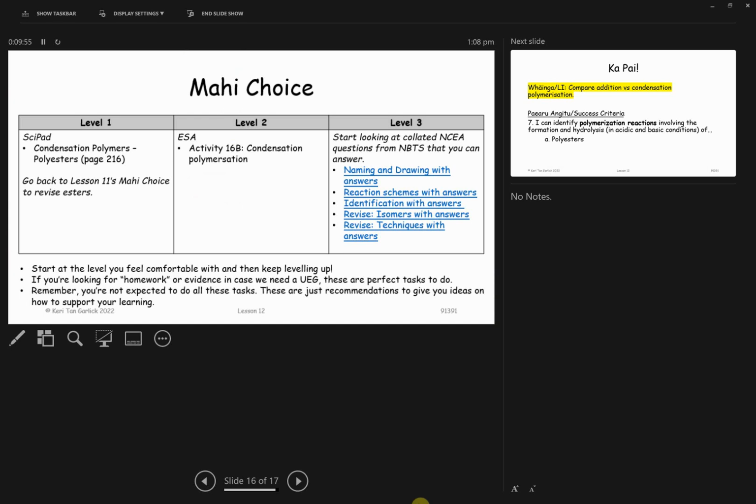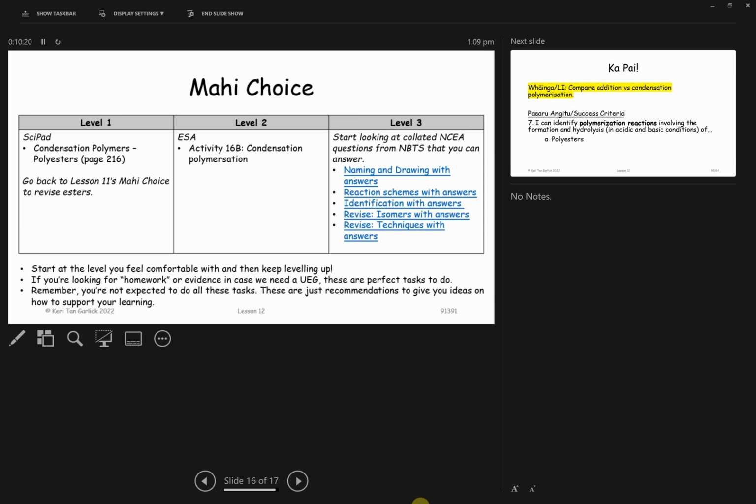I think you can get a little bit of work done, especially that SciPad page if you guys want. So with the Mahi Choice, I've differentiated the different tasks. It does get a little bit harder. If you find you are struggling with this material, I would suggest it's probably worthwhile to go back to lesson 11 and do the notes on esters because it's similar reactions.